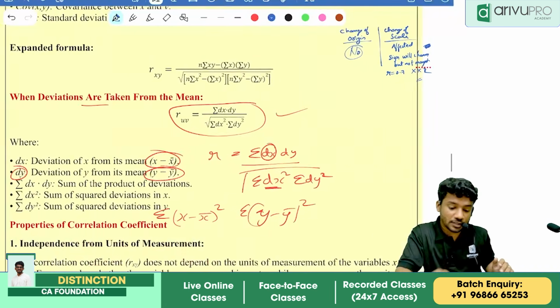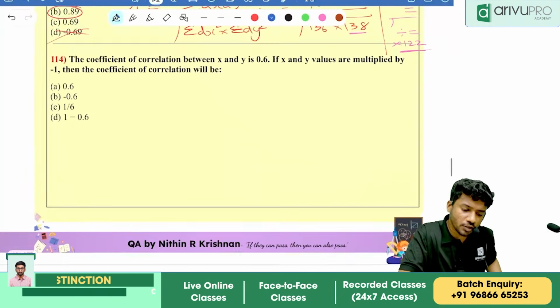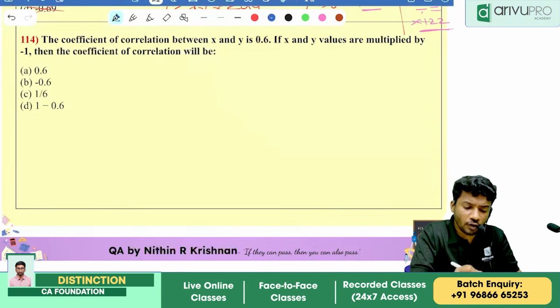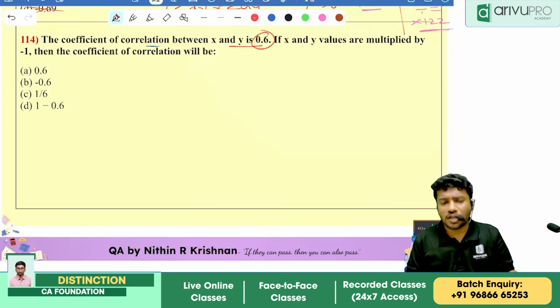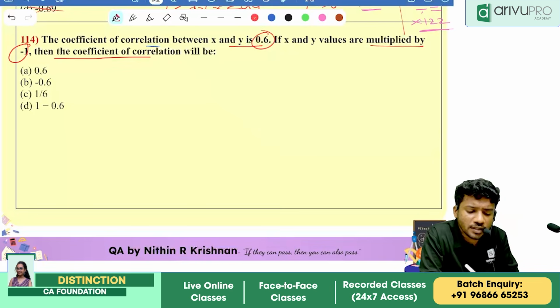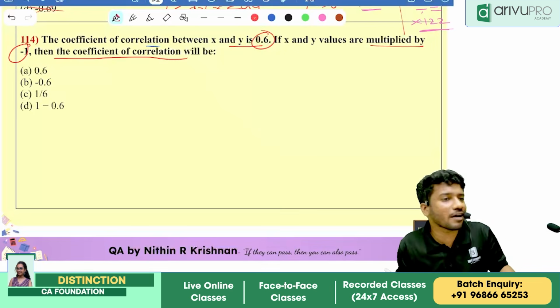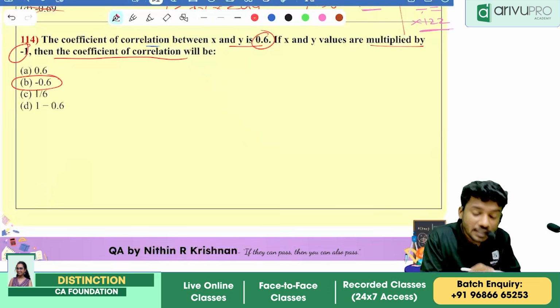Now, look here. Next question. The coefficient of correlation between X and Y is 0.6. X and Y values are multiplied with -1, then the coefficient of correlation will become what, people? Minus 0.6.